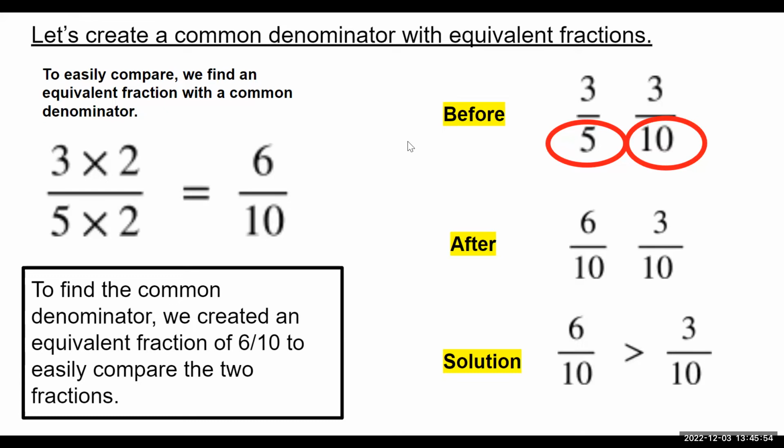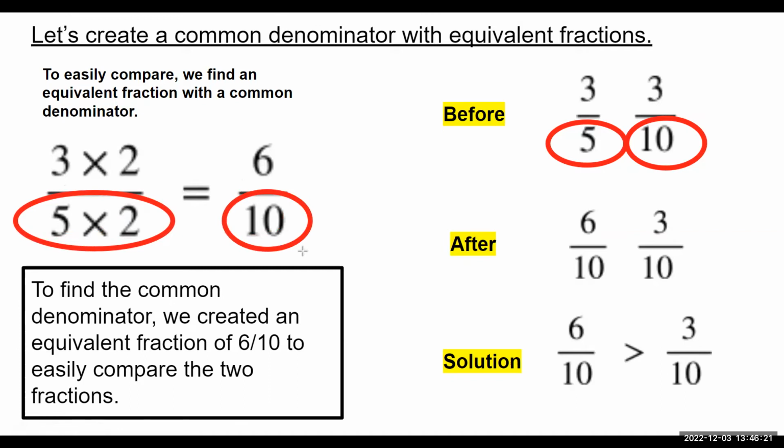When I presented this problem to my scholars, they automatically knew that we could change 3/5 to have a common denominator of 10 by multiplying times 2. So over to the left, to create a common denominator, we multiplied our denominator times 2 to get a common denominator of 10.